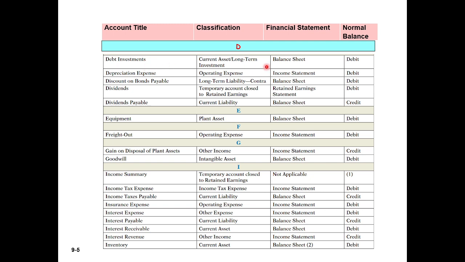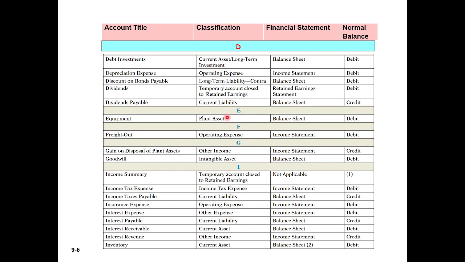Debt investment, depreciation expense, discount on bond payable, dividends and dividends payable are shown in the balance sheet, income statement, balance sheet, retained earnings statement and balance sheet. Normal balances: depreciation expense debit, discount on bond payable debit and dividends payable credit.